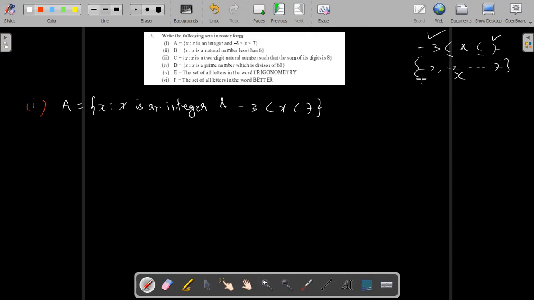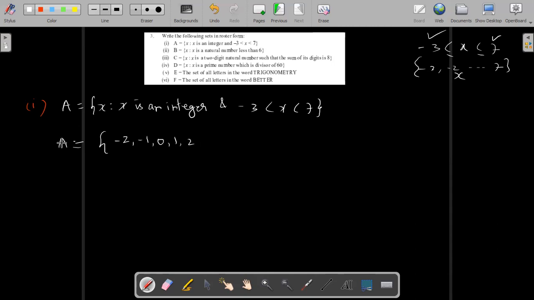Both are included here. If this sign is not there, that number is not included. So your answer is correct: greater than -3 is -2, -1, 0, 1, 2.